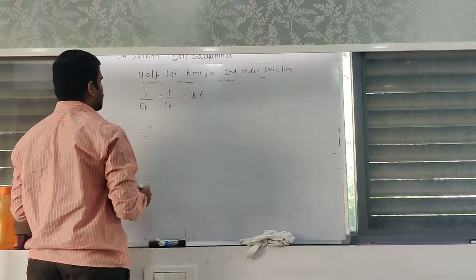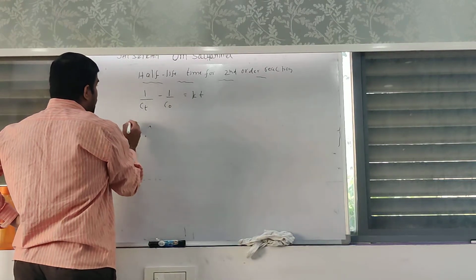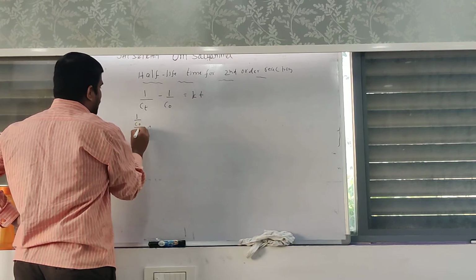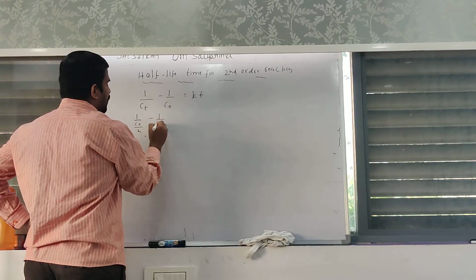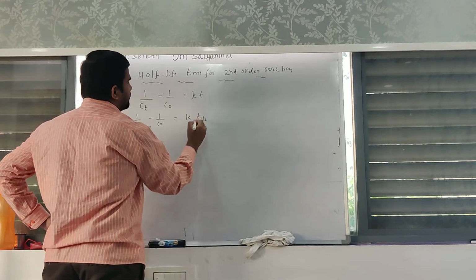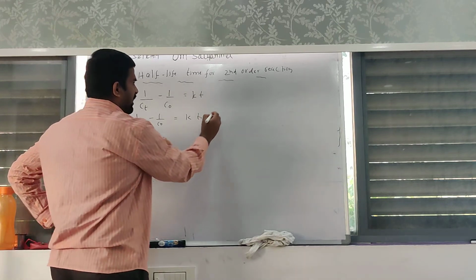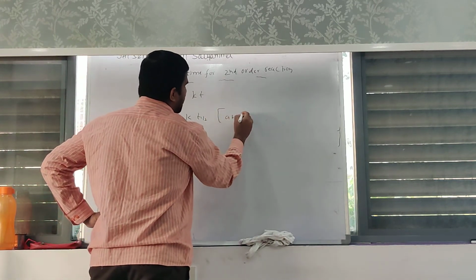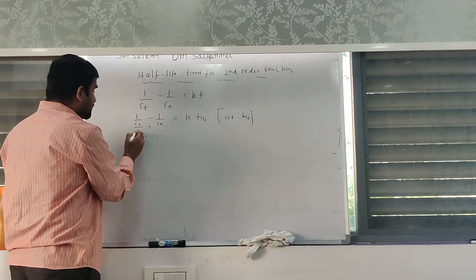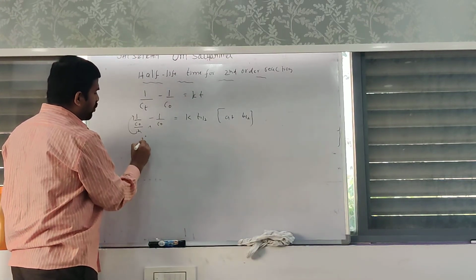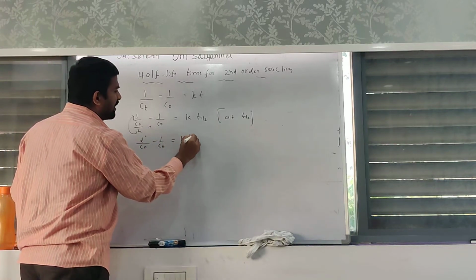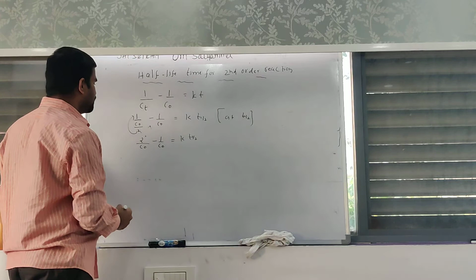At t half, 1 by C0 by 2 minus 1 by C0 is equal to k t half. This 2 goes to the numerator: 2 by C0 minus 1 by C0 is equal to k t half.